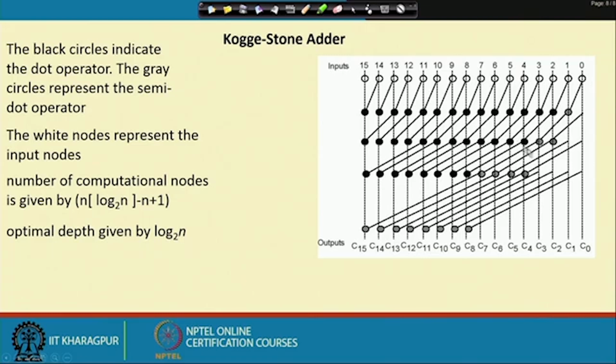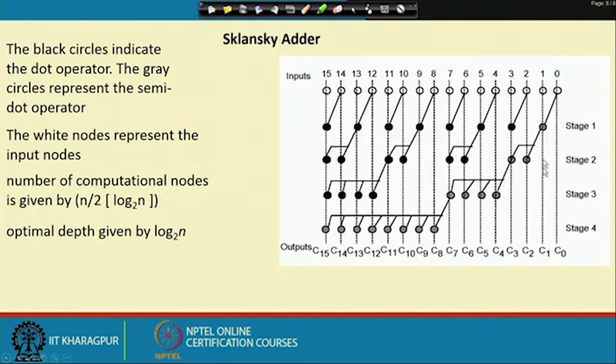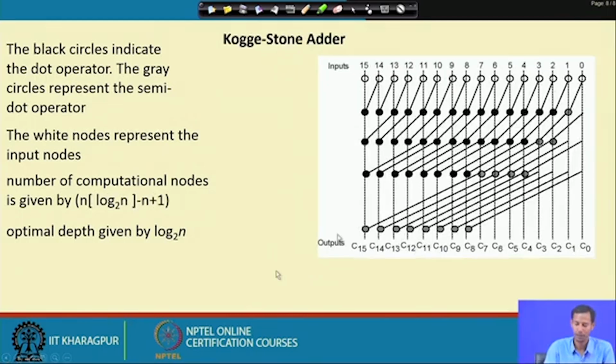Whenever they overlap, we are increasing the number of computational nodes, though the optimal depth remains the same as in the previous case.